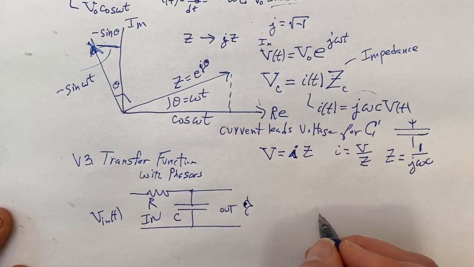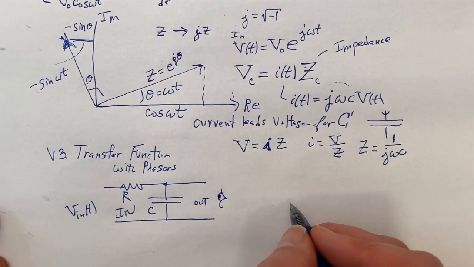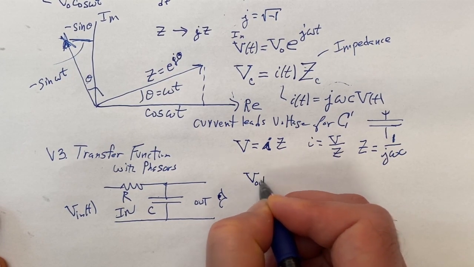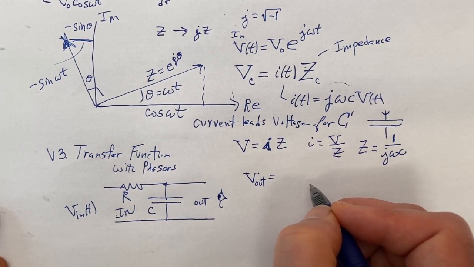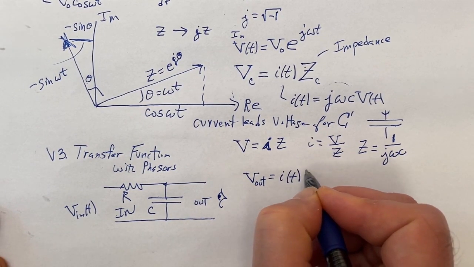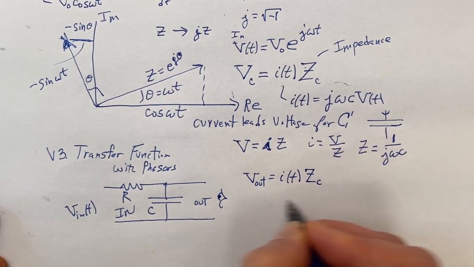What we're looking at here on the output is simply the current times the impedance of the capacitor.